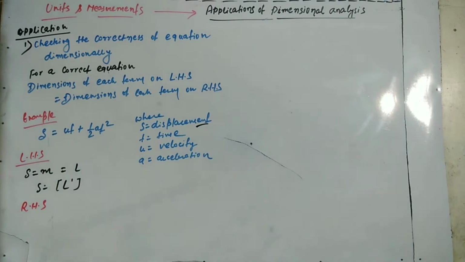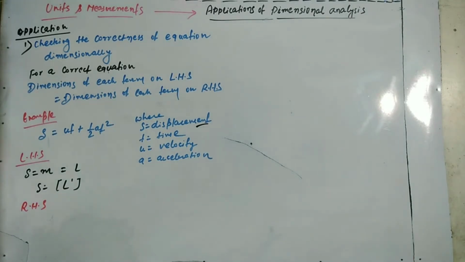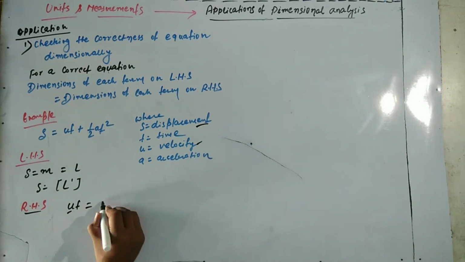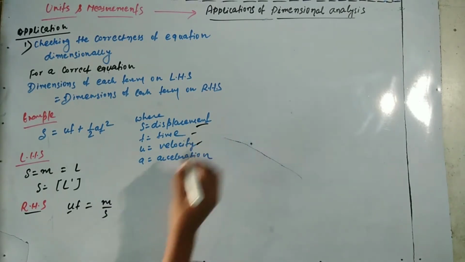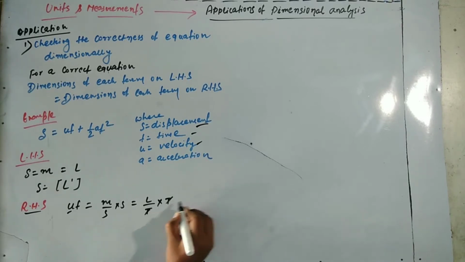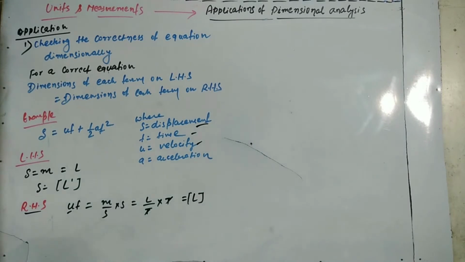In case of RHS, it has two terms, ut and half at square. For ut, u is velocity, so meter per second into second equals L by T into T, equals L power 1, the first term.